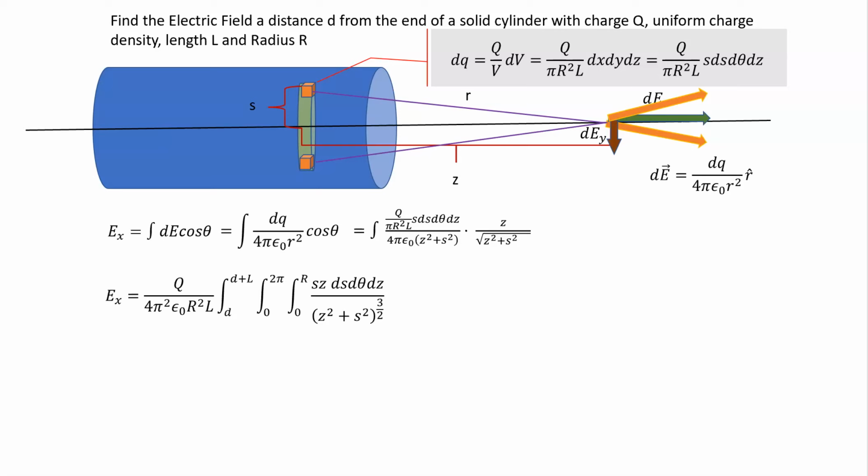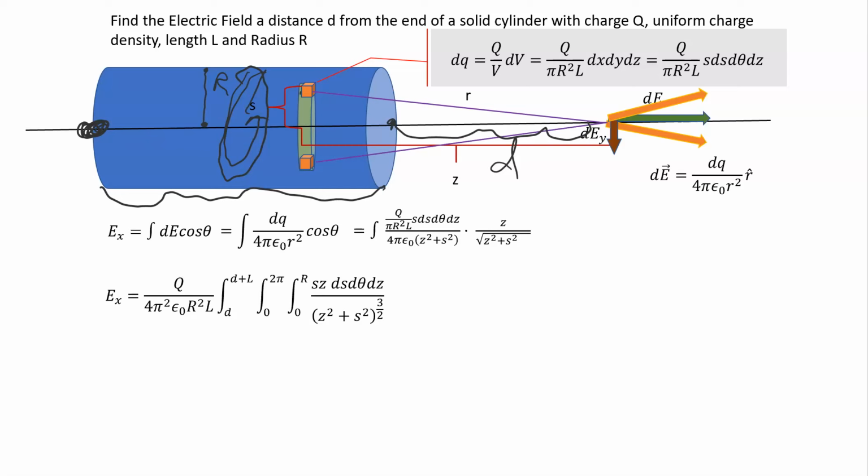So notice that s can go all the way from 0 all the way to the edge. So that's r. Theta goes around in this direction. That's just a circle. We're going all the way around, 0 to 2 pi. And then z. So z is the distance from the charge. That has a minimum distance of d, because we're a distance d from the edge. And then, of course, if the cylinder has a length L, the maximum distance I could be away is d plus L.